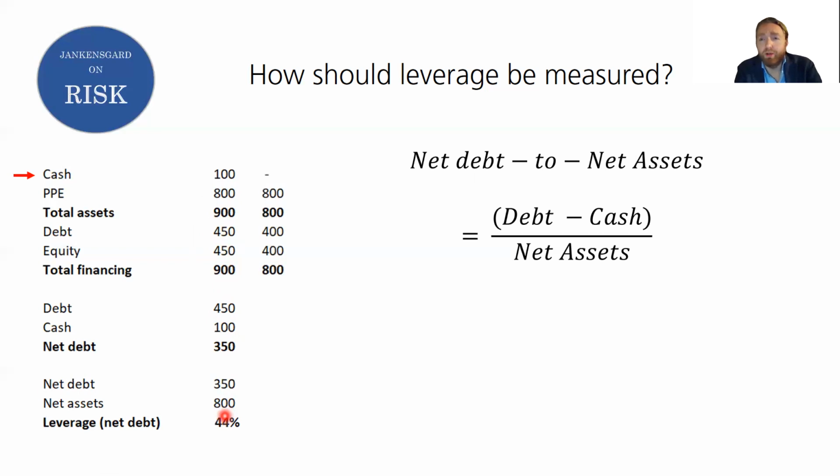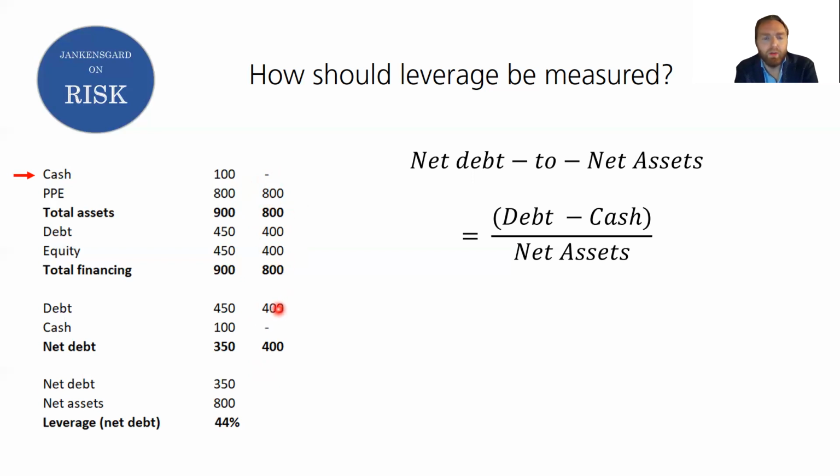Compare that to an otherwise similar firm that doesn't have any cash on its balance sheet right now. So you'd expect that to be a riskier firm, right? If they don't have any cash around as a buffer, well, that tells us there's more risk involved. So with the net debt measure, in this case, well, it's 400, right? I mean, the numbers again change because there are fewer assets to finance, to put it that way.